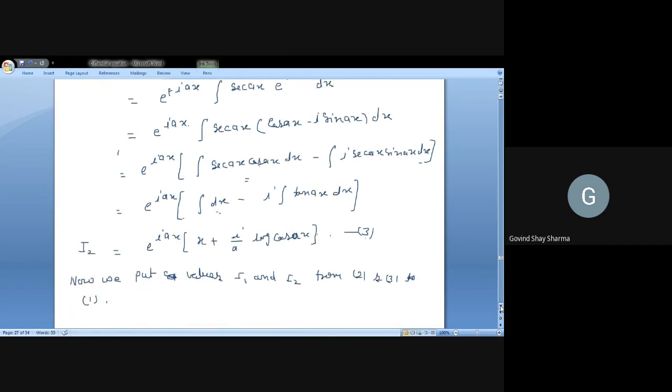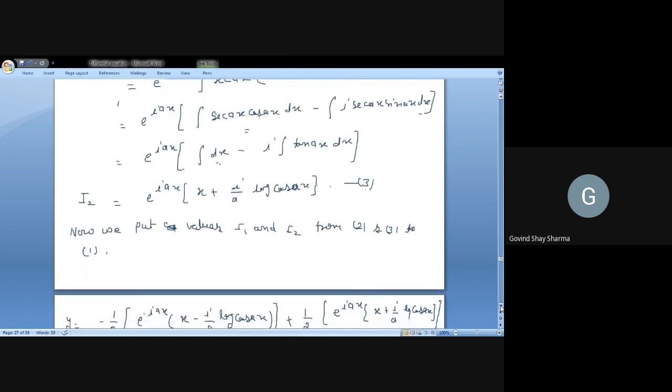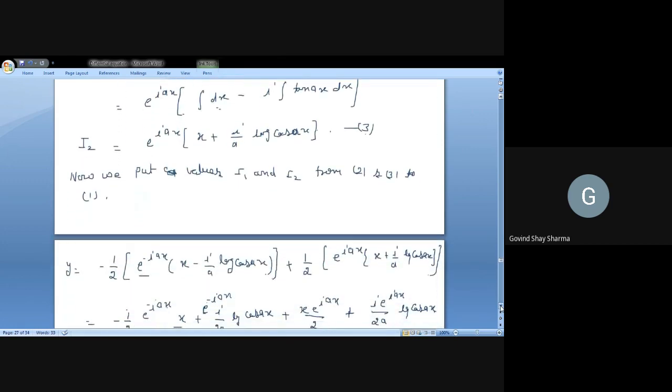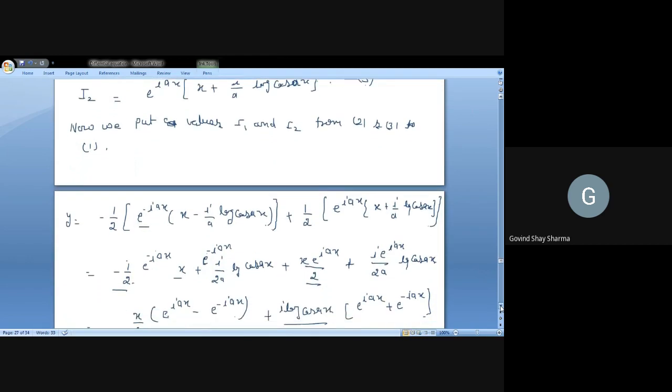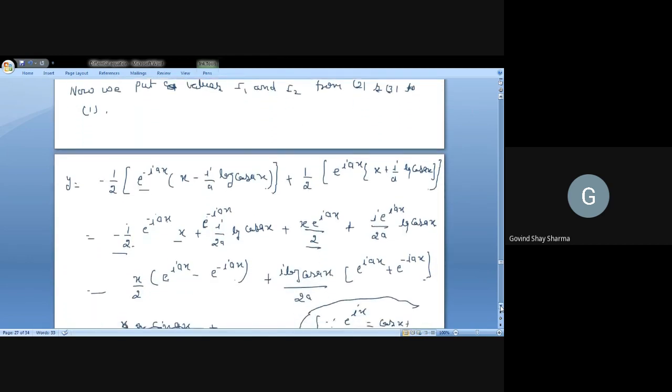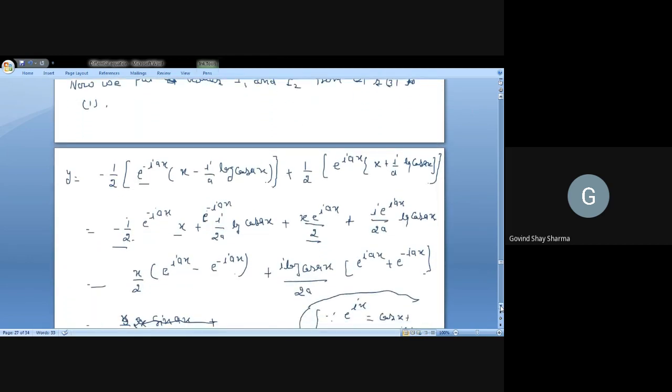So add this equation, put in equation number 1. Let's put I1 plus I2. For I1 and I2, we take x by 2 common, so it becomes e to the power iota x minus e to the power minus iota x.